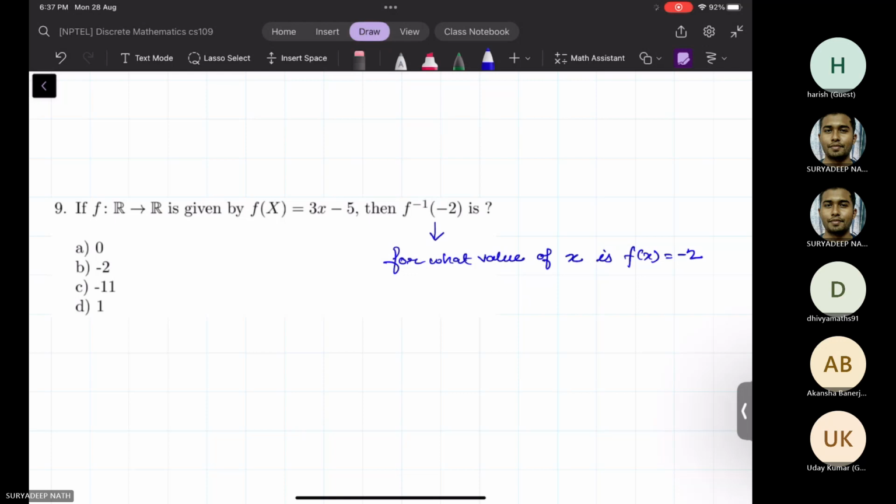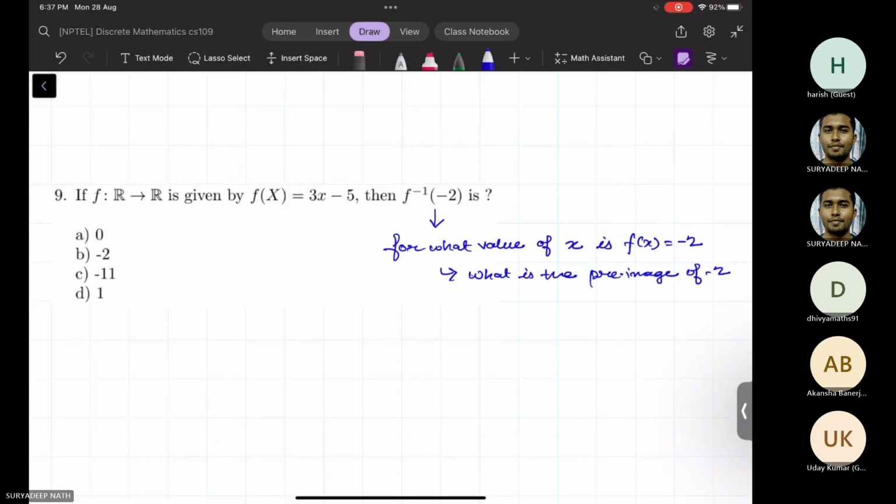So basically, what is the pre-image of minus 2? This is what f inverse means.